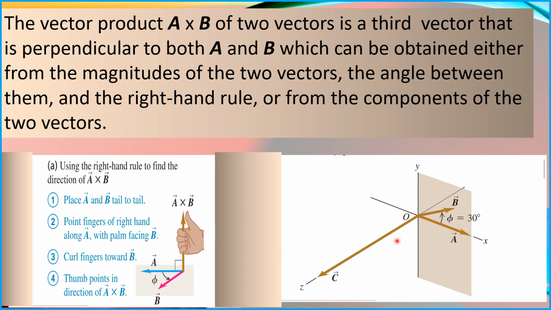That is how we are able to determine in this original figure that the vector product represented by vector C is indeed directed towards the positive Z axis.